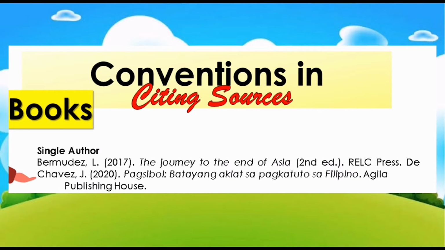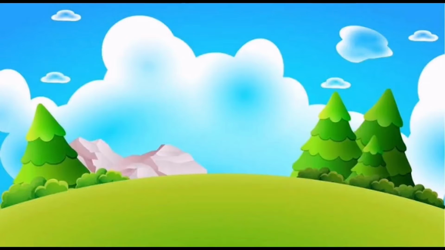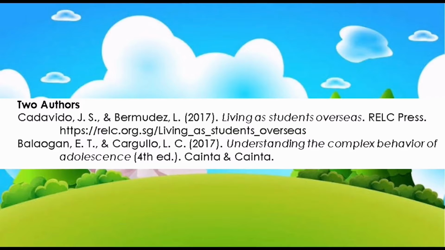How are we going to cite if we have two authors? First, you have to write the name of the first author, which is Cadavido, followed by comma, and then the initials JS, and then comma, and then of course do not forget to include the ampersand. And then the name of the second author, that is Bermudez, comma, and then the initial L, and then period.